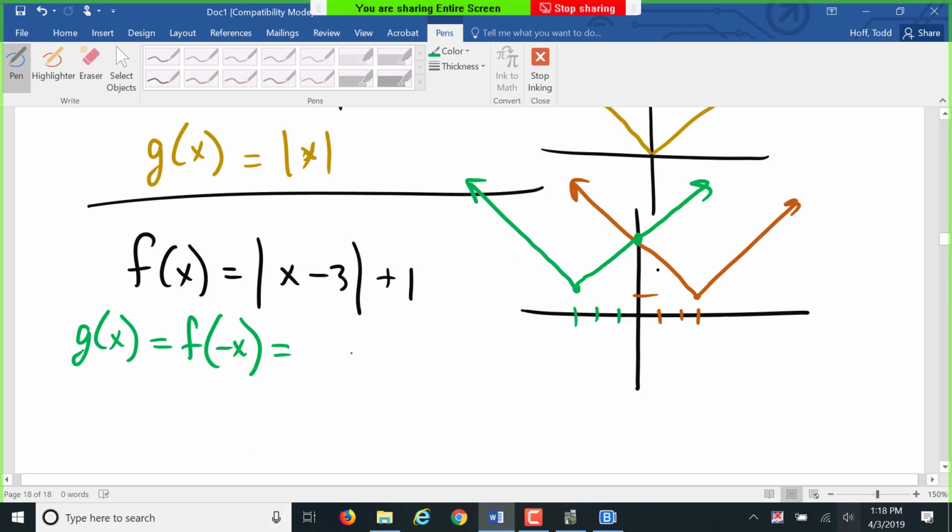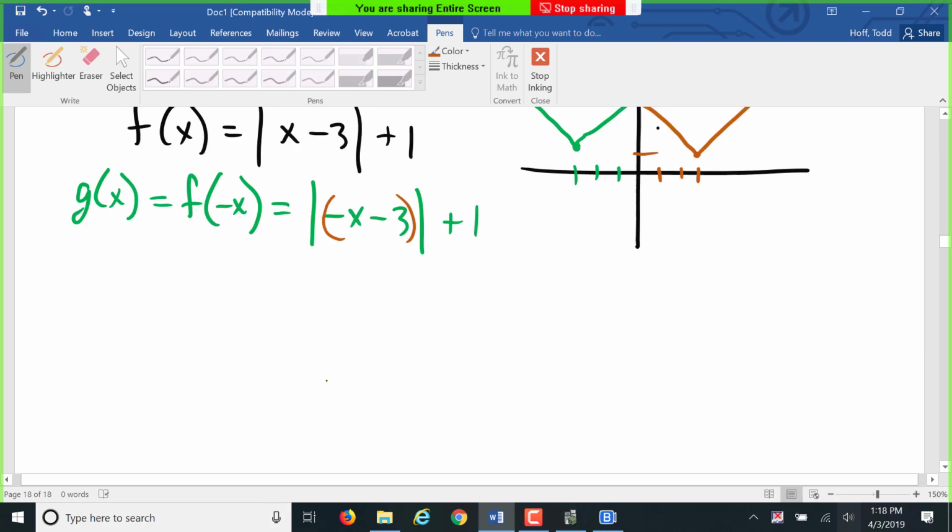If I put negative x in for x here, it's the absolute value of negative x minus 3, plus 1. Well, again, if I enclose that in parentheses and I factor out the negative 1, it equals negative 1 times x plus 3, right?